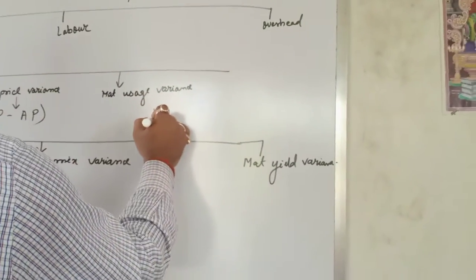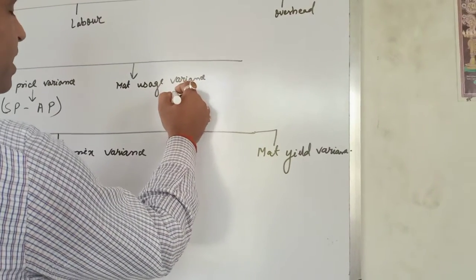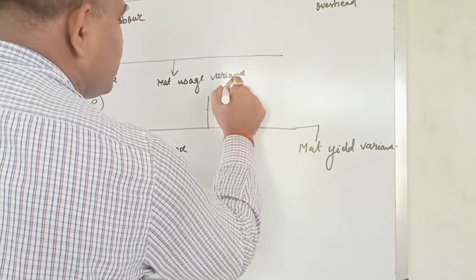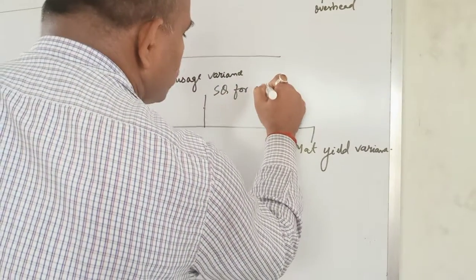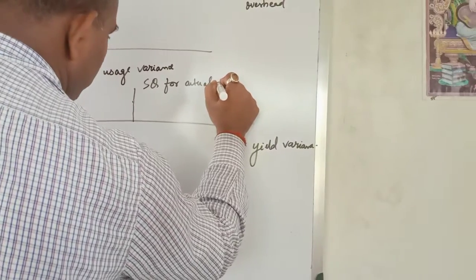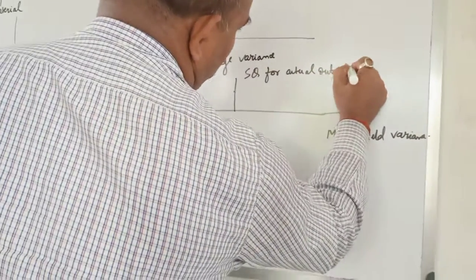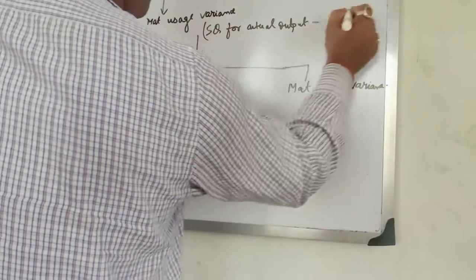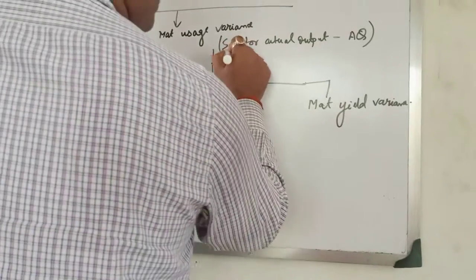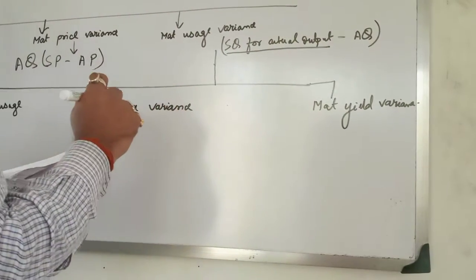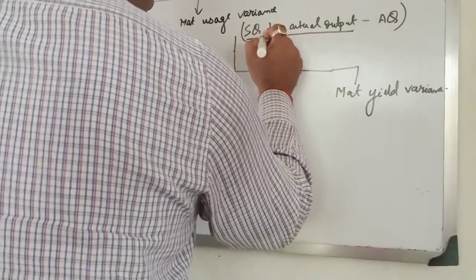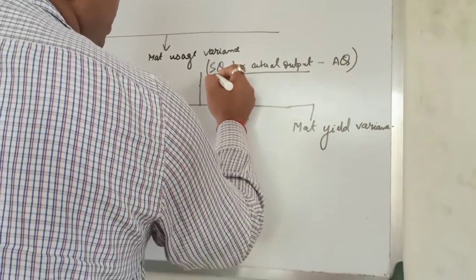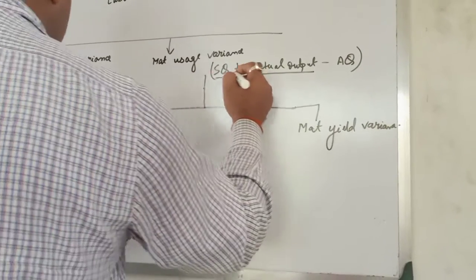When comparing with the actual, we have to arrive at the standard quantity for actual production, or actual output, and compare it with the actual quantity.